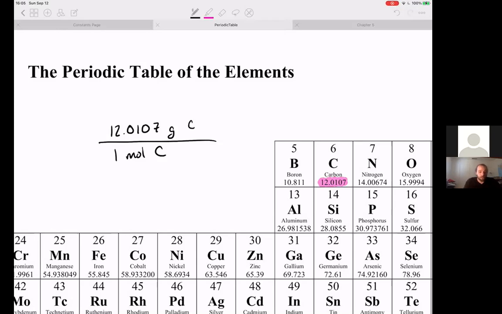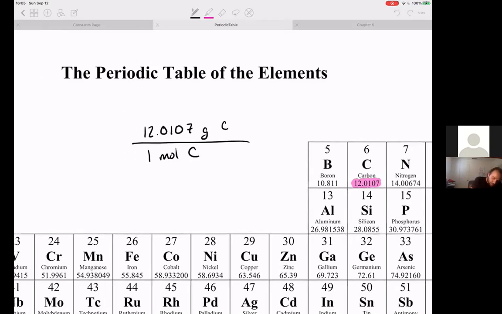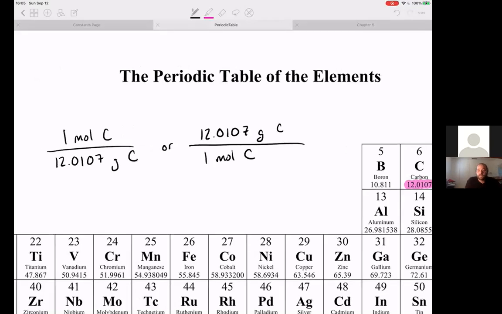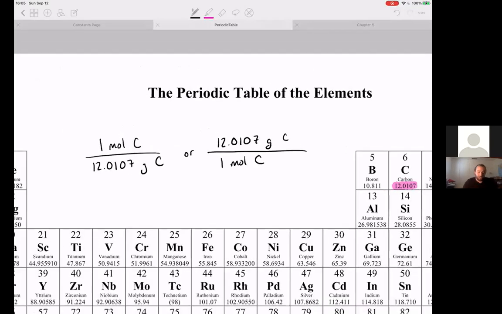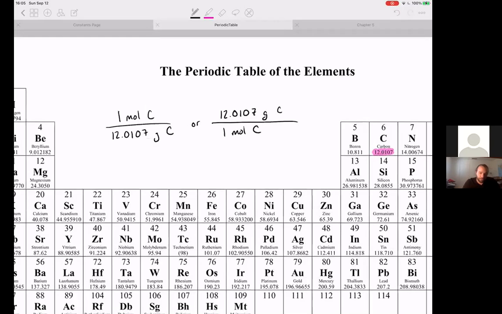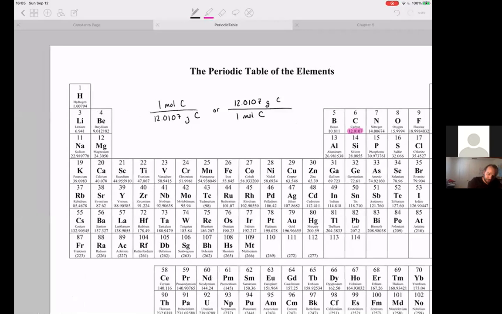We're now learning that they also equate to the molar mass of an element. And we can use that information in one of these stacked conversion factors. So written like this, or we could flip it around. 1 mole of carbon is 12.0107 grams of carbon. These are the molar masses of this particular element, and we would use it like this in this little fraction form if we wanted to convert from grams to moles or moles to grams. Okay, so we could always pull that information directly from the periodic table and then make one of those conversion factors.